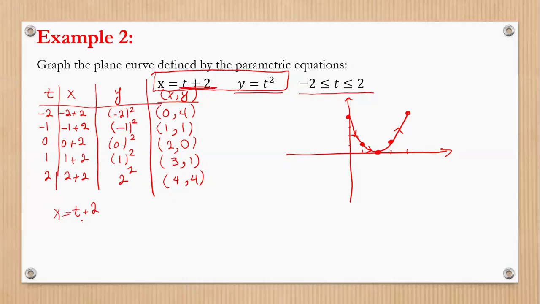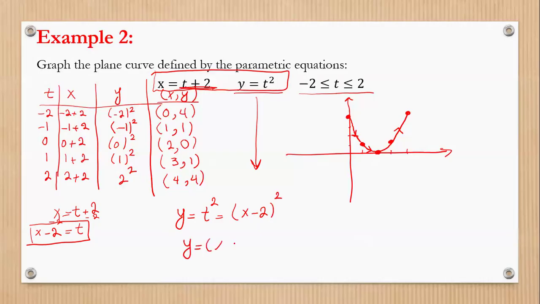If I want to isolate the t, keep the t by itself on the left side, I need to move 2 by subtracting 2 from both sides. So t must be equal to x minus 2. This tells me that in the second equation, I can replace the t by x minus 2. If I replace the t by x minus 2, I get y equals (x minus 2) squared.